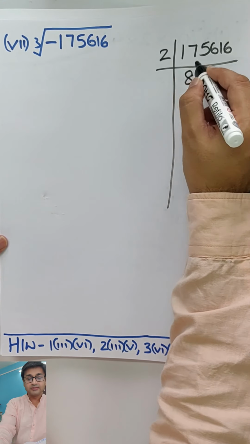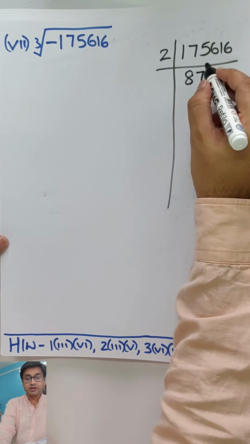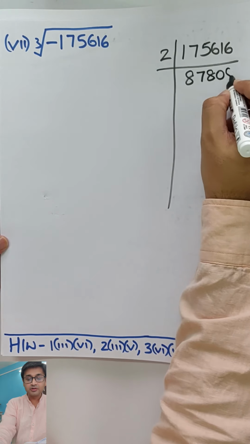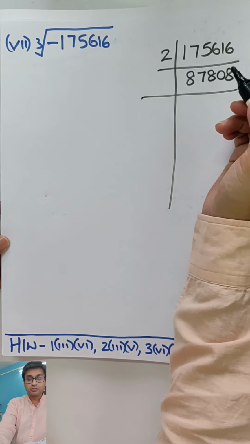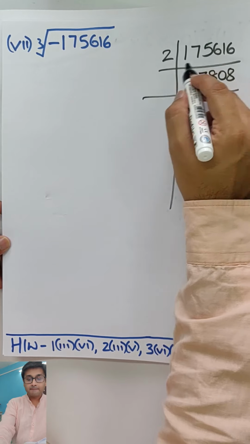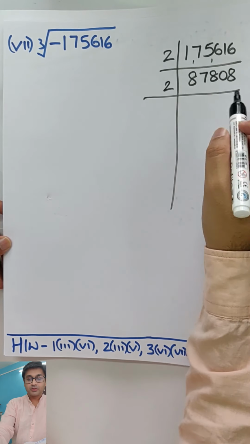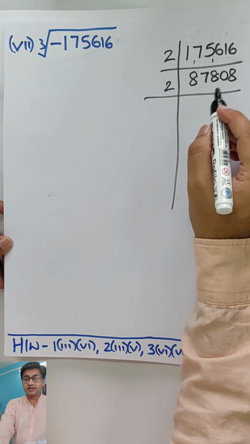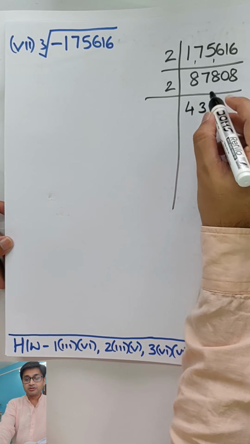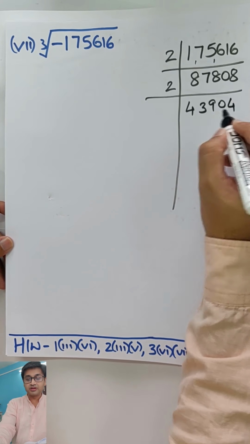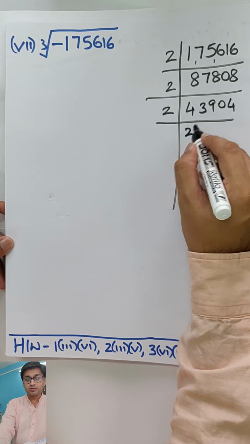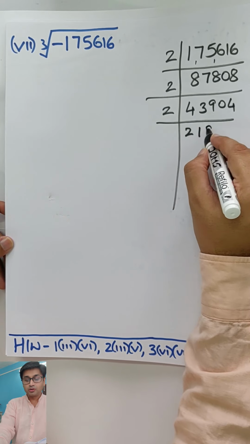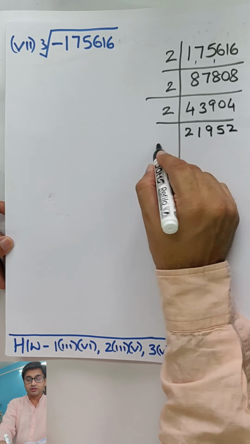So 2 8s are 16, 7s are 14, 8 0 8. Again with 2. This is 1,75,087. So 2 4s are, 2 3s are 6, 2 9s are, 0s are, 4s are. Again by 2, 2 2s are, 2 1s are 2, 2 9s are, 5s are, 2 2s are.